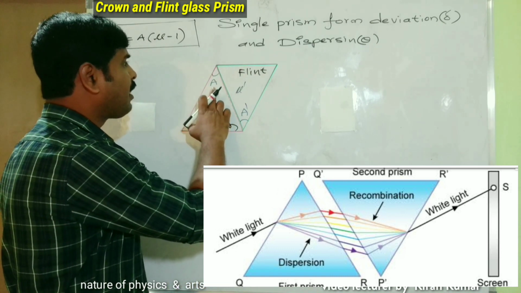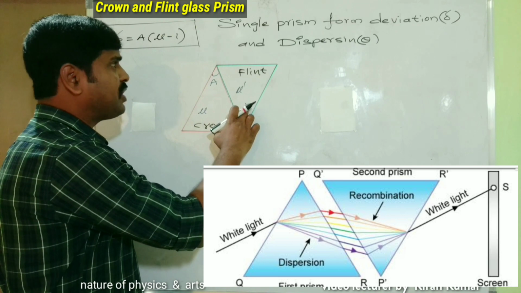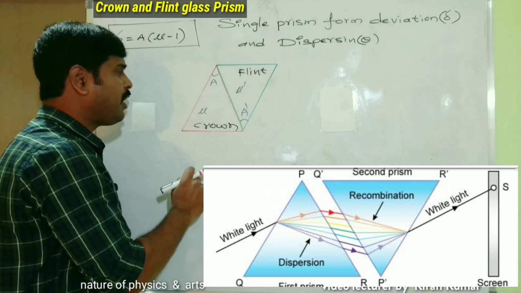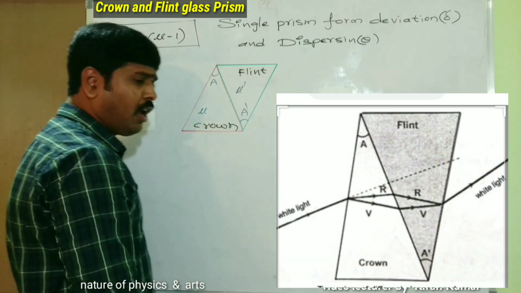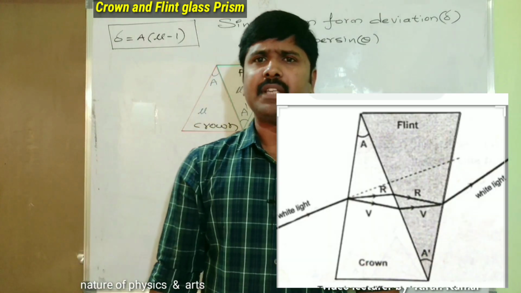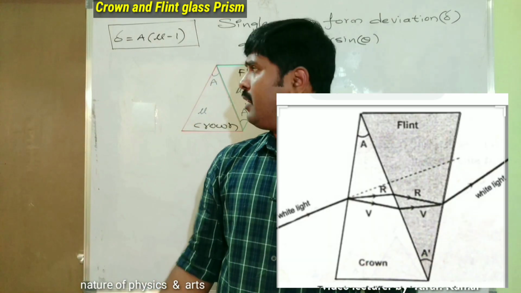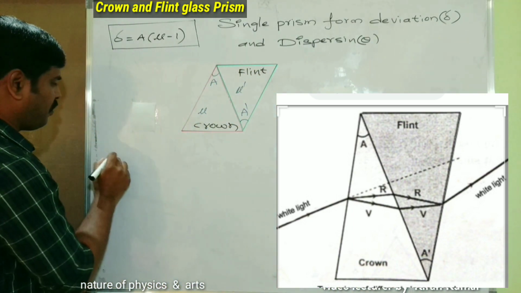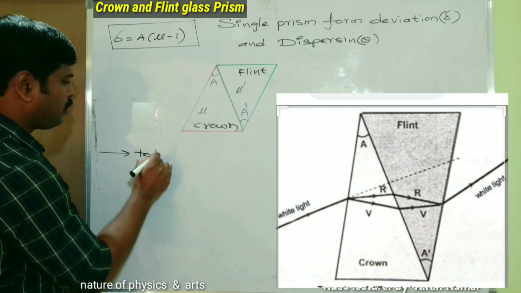One thing to remember here, the A dash, the angle of flint glass, is opposite to the angle of the crown glass prism. Okay, so then we can write here total deviation.